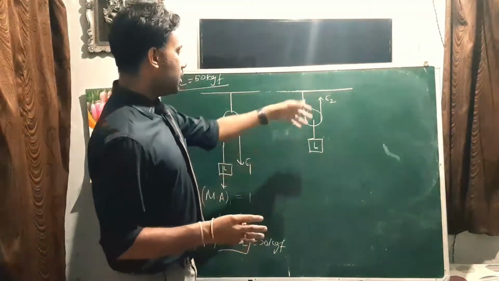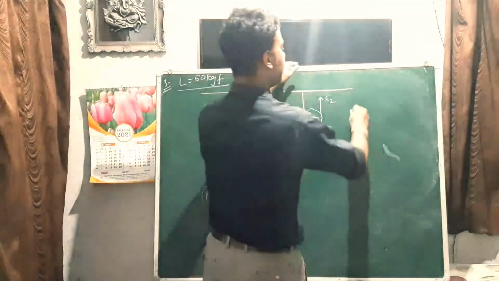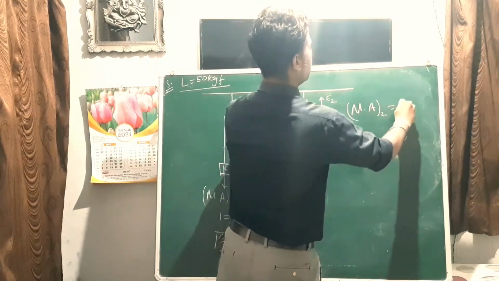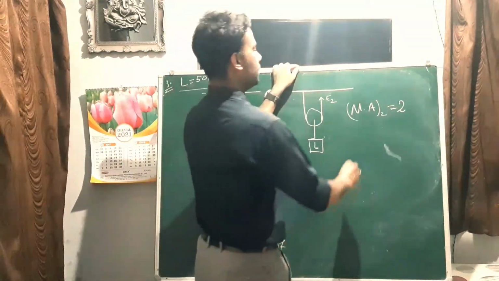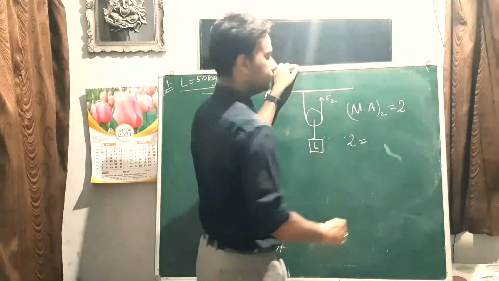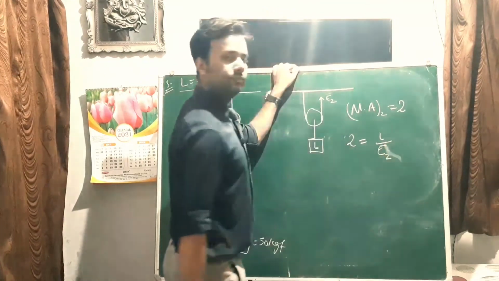So in order to lift the load of 50 kgf, we have to apply the same amount of effort on the other side. Now in the case of the single movable pulley, let's say the mechanical advantage is MA2, if you remember that was 2, right? That means MA2, so 2 equals load upon effort. Let the effort be E2, right?